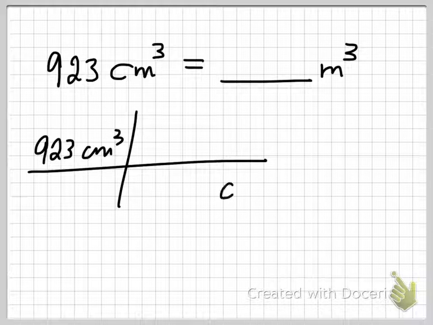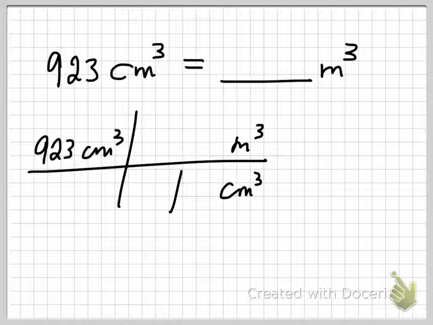I know that I'm going to want cubic centimeters on the bottom, and I'm just going to base, so I don't need multiple steps. Cubic meters. And I'm going to put a 1 in front of the cubic centimeters before I can do something dumb. Now here's where we have problems. My question for you is this: what power of 10 goes up there?